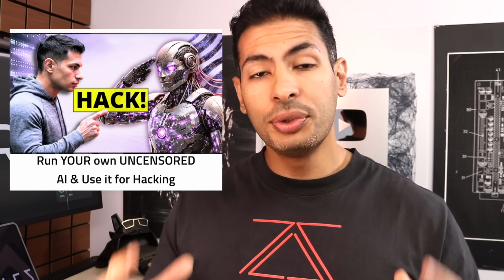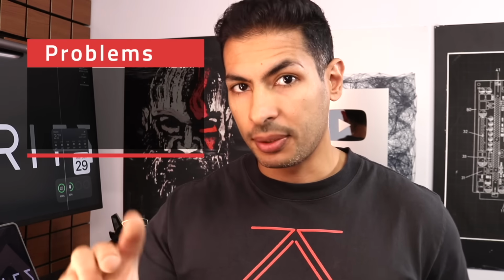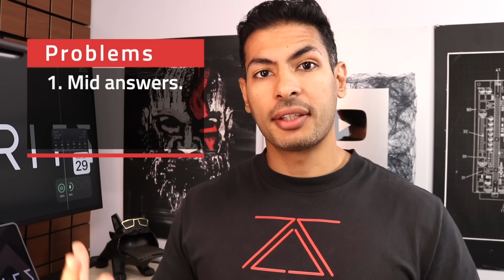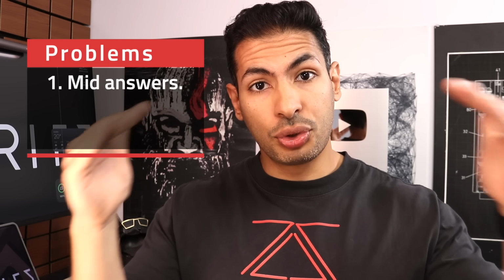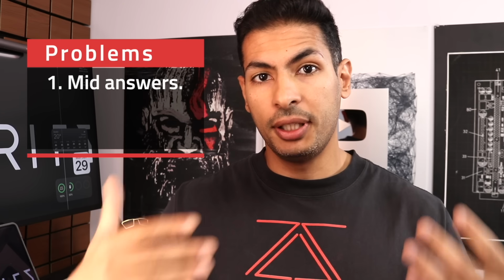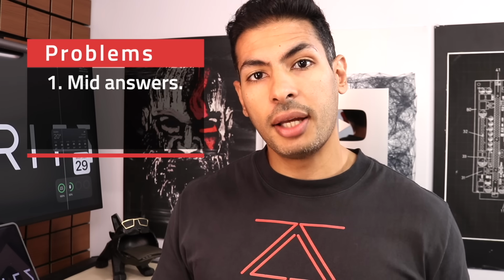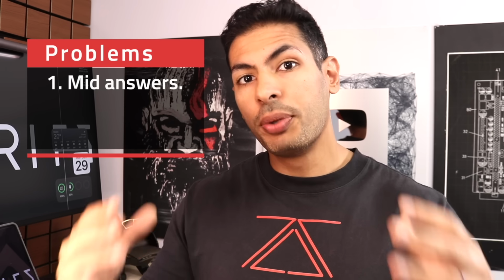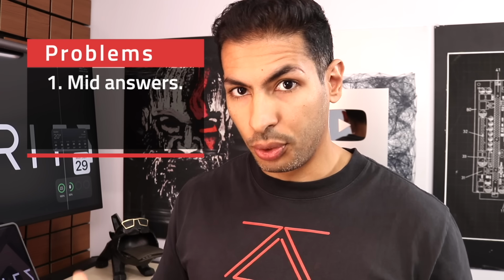Now previously, I covered how to host your own uncensored AI, but that technique had three main limitations. First, the answers were not as good as the answers you would get from the top AI models like ChatGPT and Claude, because we had to rely on an open source or open weight uncensored or jailbroken AI.